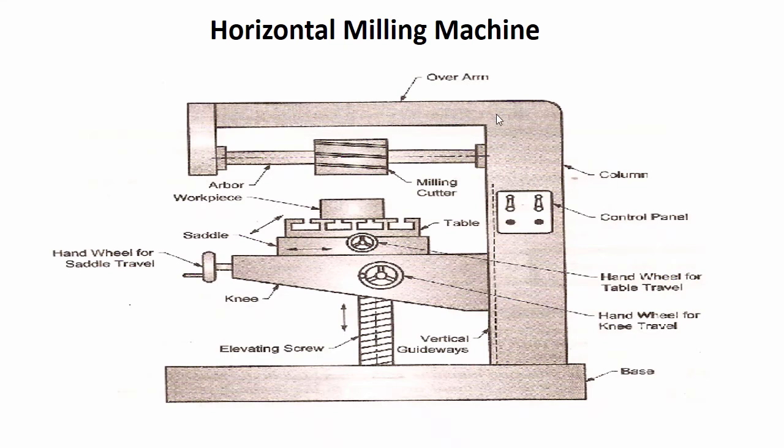Now there is an overarm. At the end of the overarm, I am going to fix the arbor. What is an arbor? You can say it is a shaft. Just remember, arbor is called a shaft. On the arbor you are going to fix the tool. Now, this is the knee.